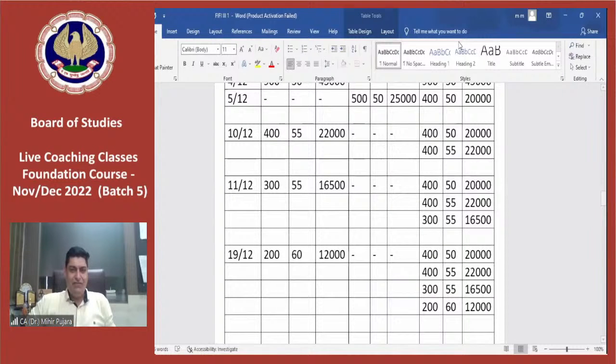Which units will we issue? It's the LIFO method, starting from latest. Latest purchase, yes, but which? Tell me the bifurcation.